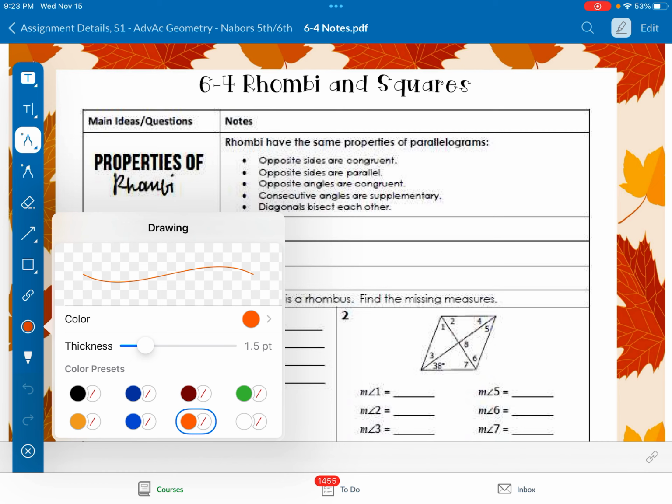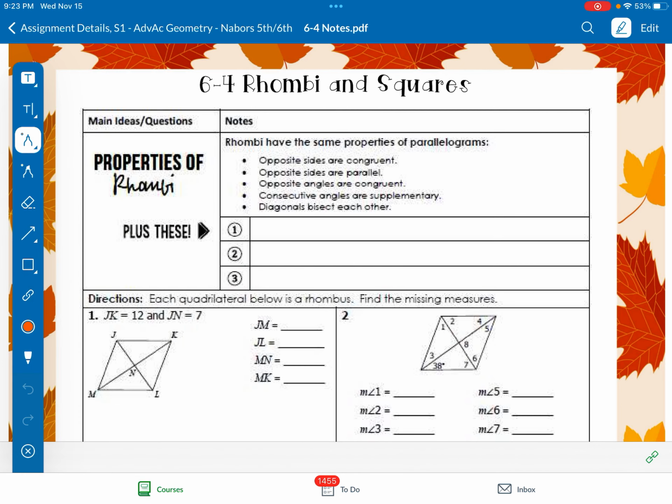So we're talking about opposite sides are congruent, opposite sides are parallel, opposite angles are congruent, consecutive angles are supplementary, and diagonals bisect each other.